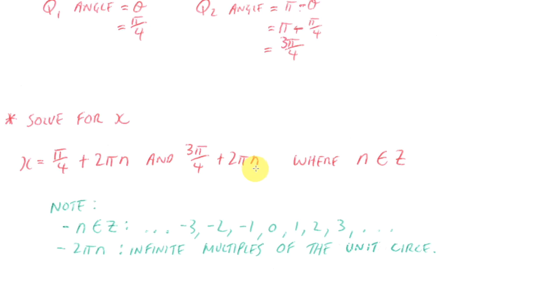So I write my general solution in this format involving the n, and then I say where n is an element of z. So remember, z are our whole numbers, both positive and negative. And that's just reminding us there that n is an element of z, so these are the whole numbers. And 2 pi n is just infinite multiples of the unit circle going forward and also backwards.